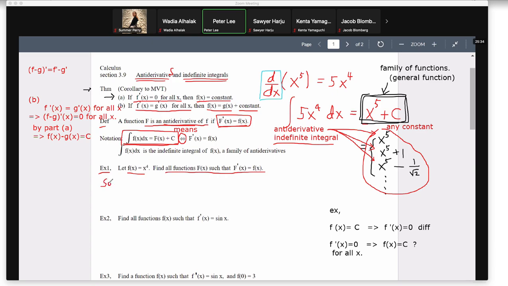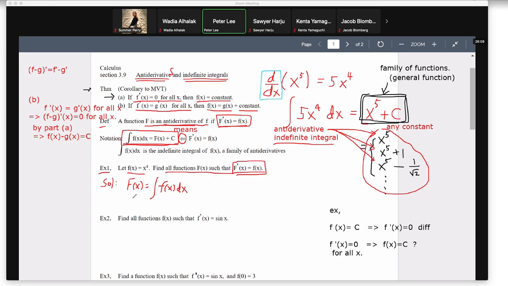I can write it out. The solution is going to be capital F of x, where capital F prime of x equals small f of x. And the way of writing this is with the integral sign. This refers to the antiderivative, or the indefinite integral, of small f.